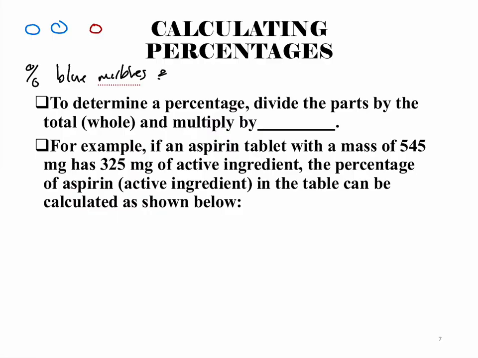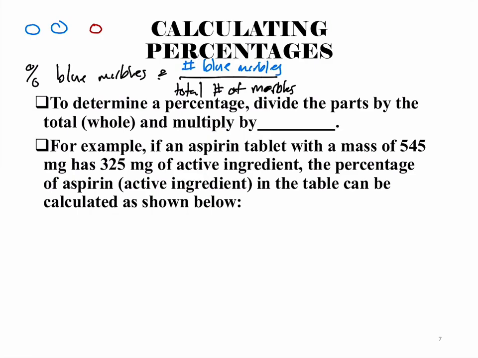So this is going to equal the number of blue marbles divided by the total number of marbles. And we know that at most, the blue will equal the total, right? So this is going to be a number between 0 and 1.